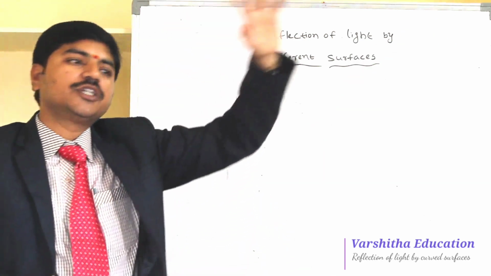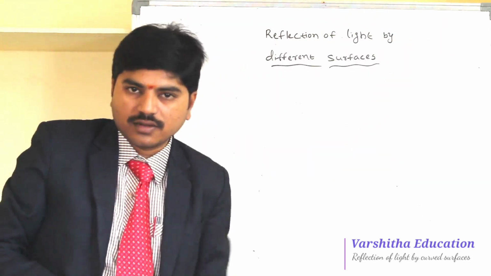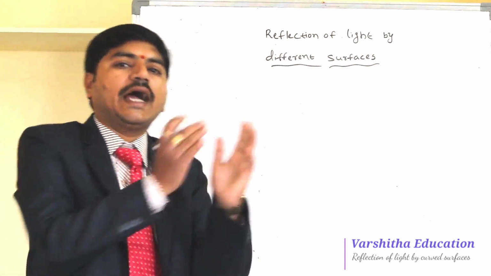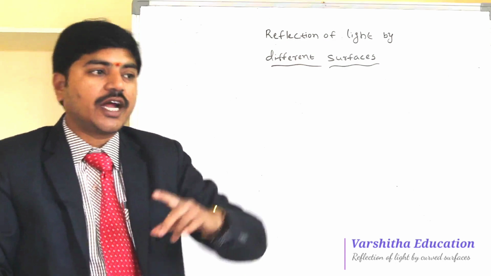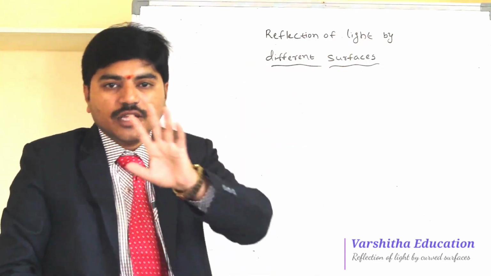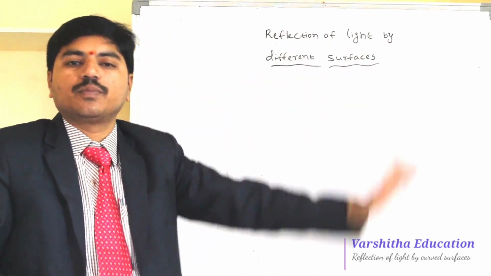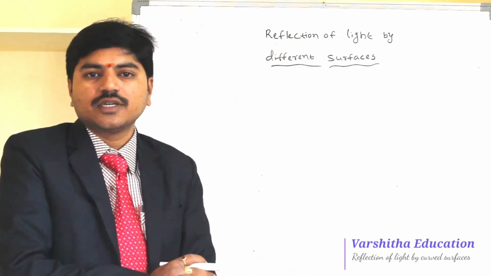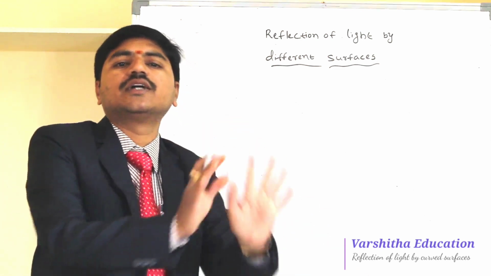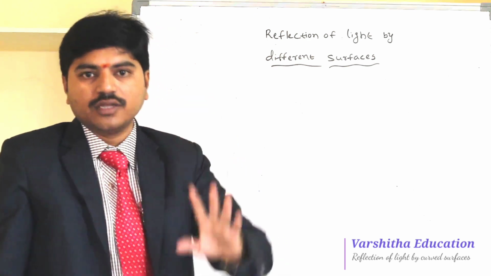Then that projected image is called real. But if you keep a hand or any object in front of the projector, then a shadow will appear on the screen, but your image does not appear on the screen. That is said to be a virtual image. One which can be captured is called real. One which cannot be captured is virtual.